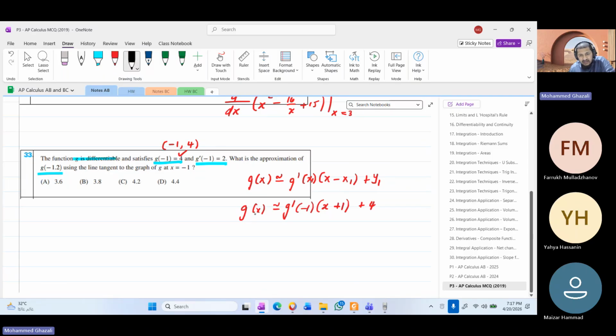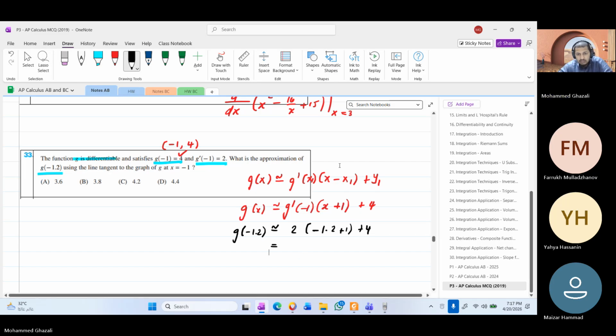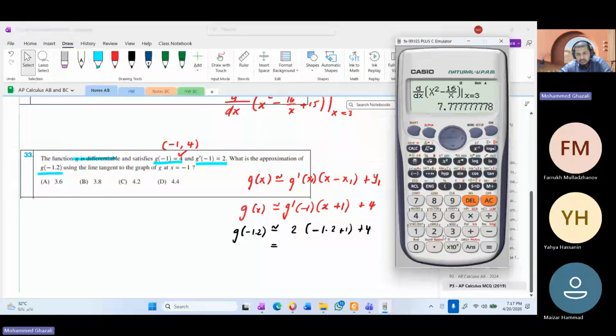Now you are trying to find g of -1.2. So g of -1.2 is approximately equal to g prime of -1, which is 2, times -1.2 plus 1, plus 4. Give me the answer here. So it's going to be 2 times negative 0.2, right?